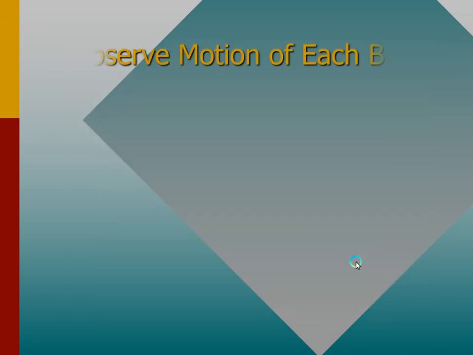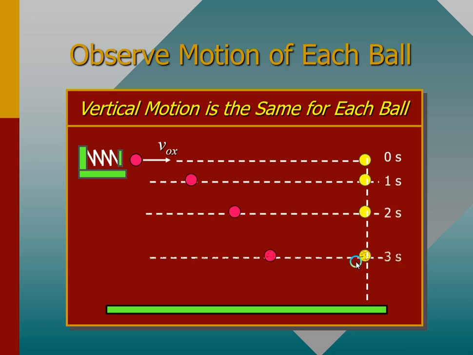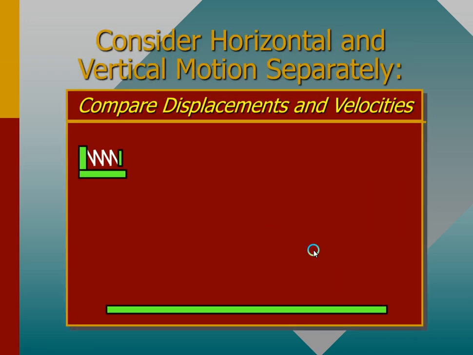Let us observe now the motion of each ball, inspecting them one by one. The vertical motion is the same for each ball. Take note, at a specific given time, the distance covered is the same. Now, let us consider the displacement and their velocities.